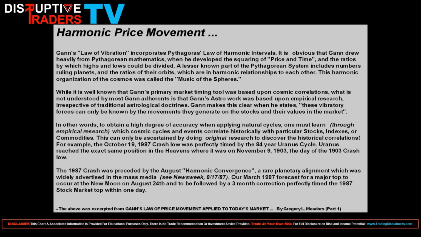The 1987 crash was preceded by the August harmonic convergence, a rare planetary alignment which was widely advertised in the mass media. Our March 1987 forecast for a major top to occur at the new moon on August 24th and to be followed by a 3-month correction perfectly timed the 1987 stock market top within 1 day.